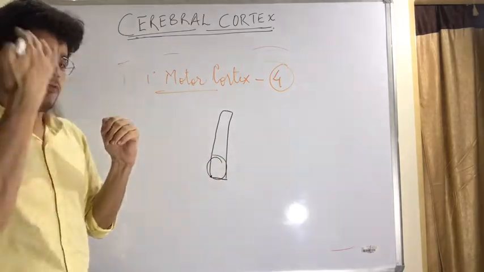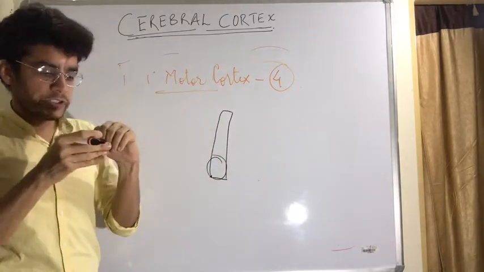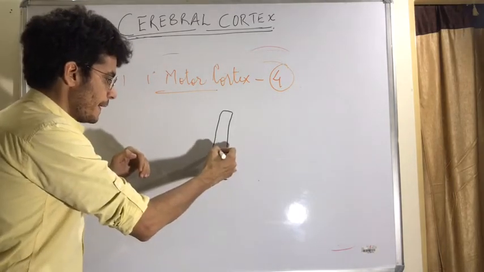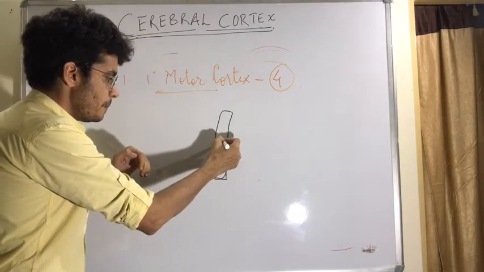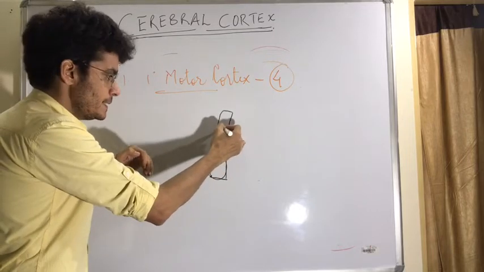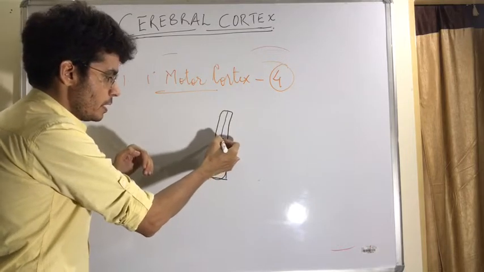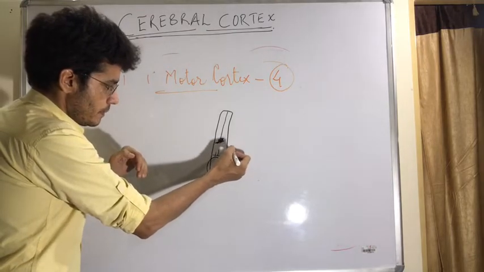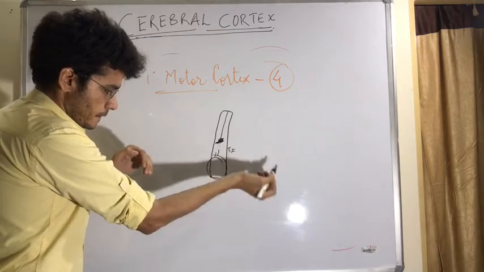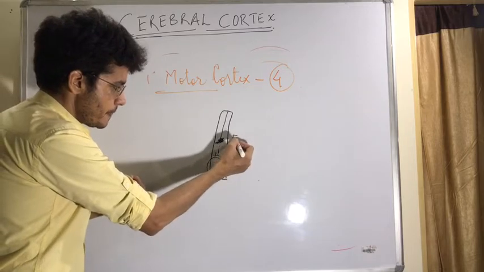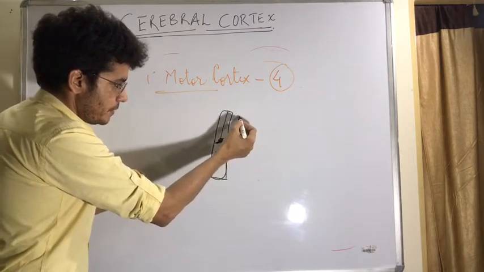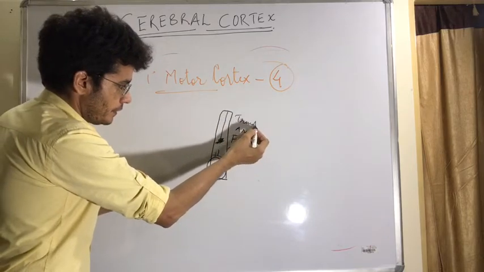Then if we move upward on this superolateral aspect, there will be representation of the neck and then the upper limb, then trunk. The upper limb representation will have the fingers, thumb and fingers, then the forearm, then the arm, then the trunk representation.